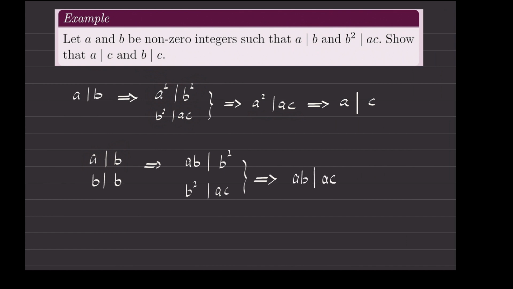Okay? And then I can divide both sides by a. It is possible here because the leftover on the left is b, the leftover on the right is c after cancellation, and both of them are integers. So I am allowed to conclude that b divides c. So you see, I am using those theorems, simple theorems, to prove them without going back to start from scratch.